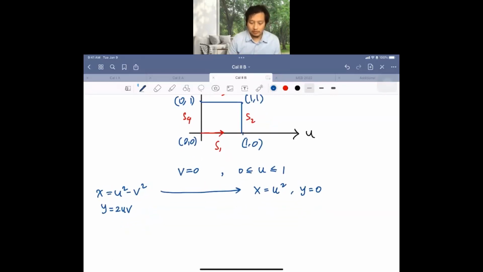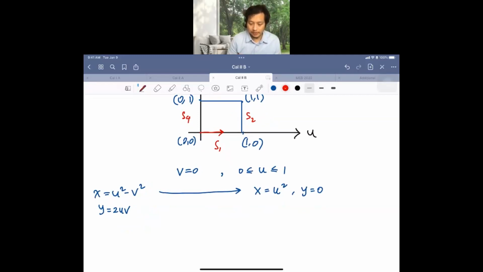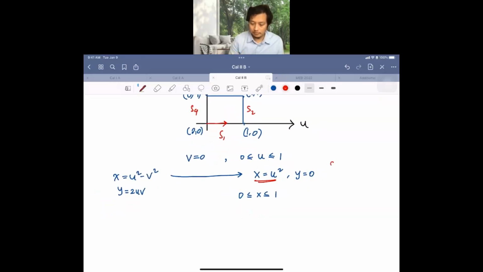Because u is from 0 to 1, x is from 0 to 1. So we are going to map S1 as just a line segment from x equal 0 to x equal 1. So this is S1. We are going to see the clear picture at the end.